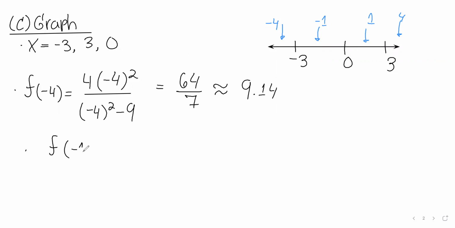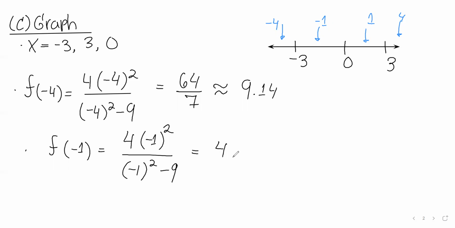Next, we do f of -1. This is 4 times -1 squared, all over -1 squared minus 9. This gives 4 over -8, -0.5.